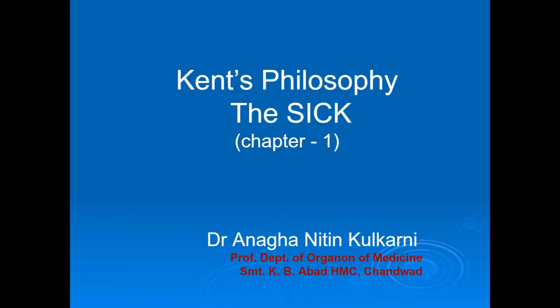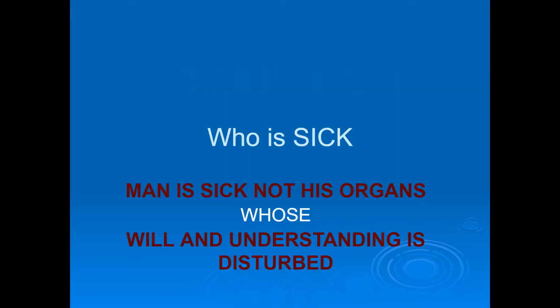In this presentation we discuss the first chapter of Kant's philosophy, the sick. So let's understand the concept of who is sick. Who is sick? What is the understanding of this concept?